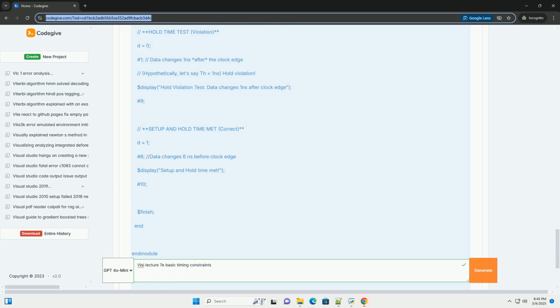The SDF file contains timing information, setup times, hold times, clock-to-output delays, that are specific to your target technology library. You would back-annotate the SDF file into the simulator so that it understands the actual timing characteristics of the flip-flop.